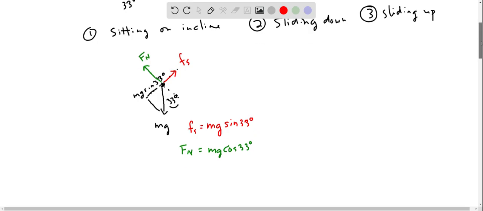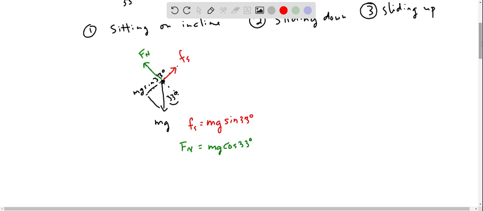That static friction is kind of like glue that holds up to a certain maximum. And we represent that and say that Fs is less than or equal to some coefficient times F normal. So there's a maximum amount allowed, but that friction can take on any value it wants to hold that box in place.